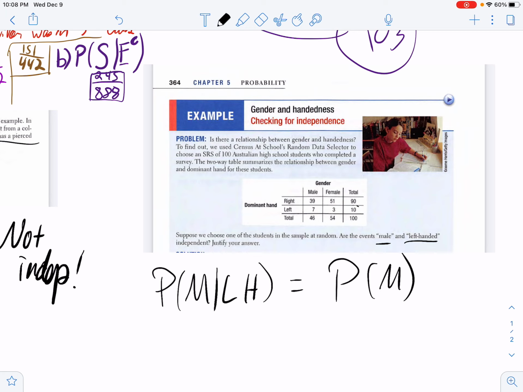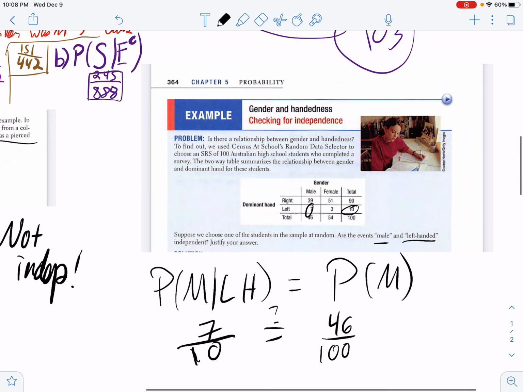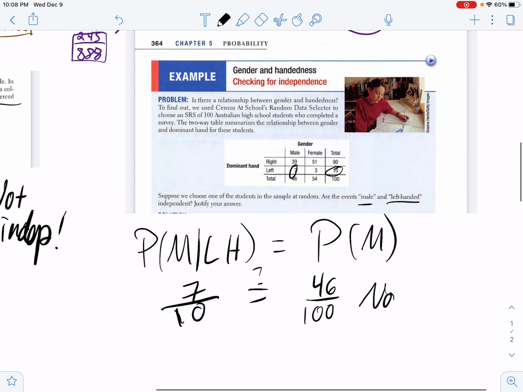Well, there are 10 lefties and 7 of them are guys, so 7 out of 10. And is this equal to the probability that you're male? Well, there are 100 total people, and 46 of them are male. So no, these are not equal numbers, so not independent.